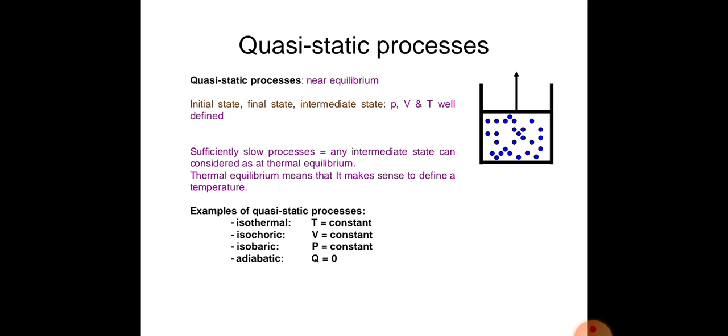In isobaric, pressure is constant, and in adiabatic, the entropy is constant throughout the process. So the isothermal process is also called a constant temperature process, the isochoric process a constant volume process, and the isobaric process a constant pressure process.